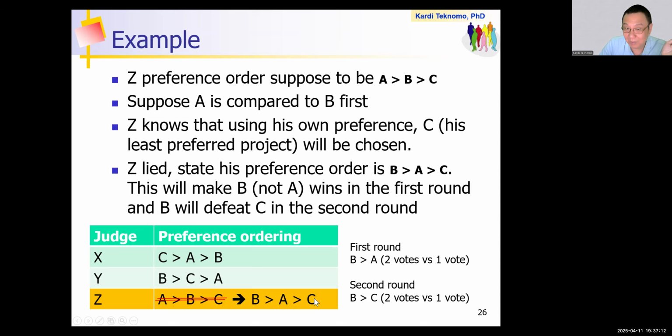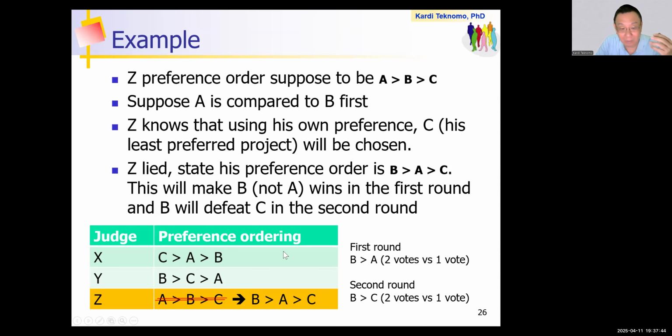With this one, we make B win, not A, in the first round. Then B will defeat C in the second round. In the first round, B is preferred over A two to one, and in the second round, B is preferred over C two to one also.